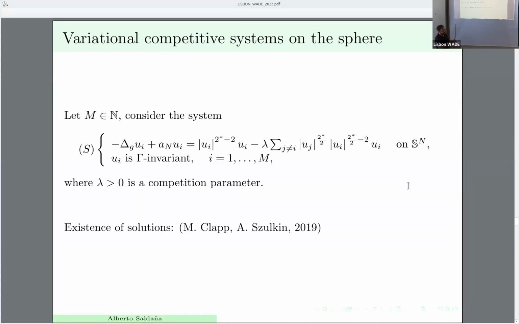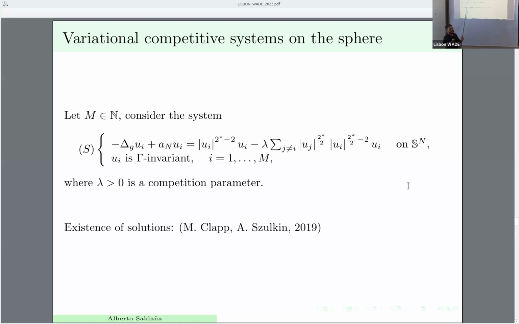Okay, so now consider this system. It's a system of m components, m fixed. This first part is just the Yamabe problem, and now I am adding this second part telling me how u_i and u_j couple.